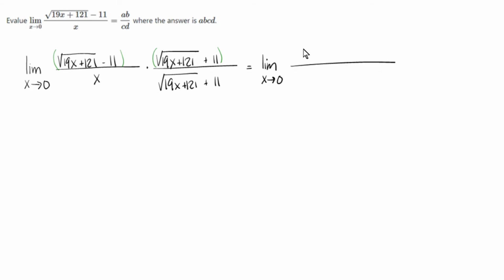So the numerator can be written as the square root of 19x plus 121, squared, minus 11 squared. The denominator is simply this monomial x times this binomial. We're going to leave it in factored form. Like that.